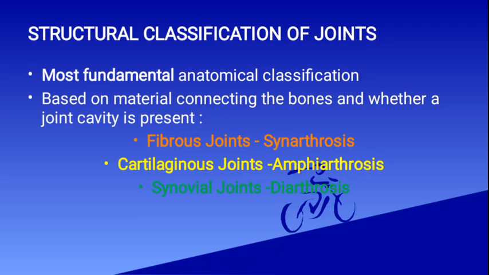The fibrous joints are synarthrosis. They don't allow movement at all, so they are immovable. Then cartilaginous joints are amphiarthrosis, they are slightly movable. And synovial joints are diarthrosis, they move freely. They offer mobility over stability, like the hip joint, shoulder joints, interphalangeal joints, and different joints like that.